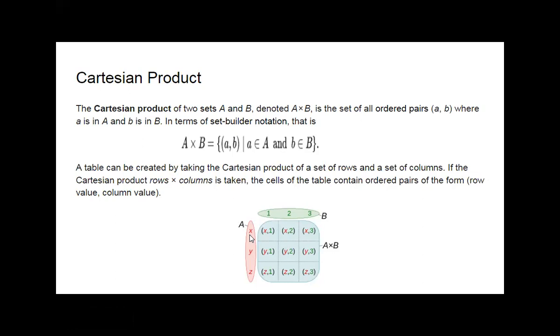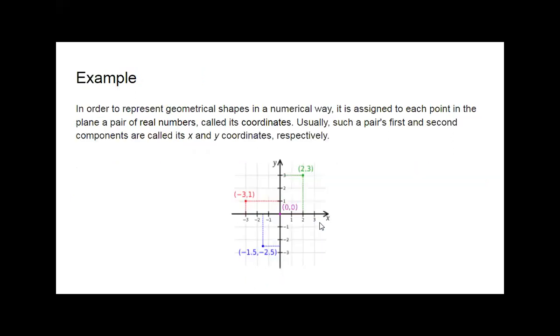The horizontal value, X, is considered first, and 3 is considered later. It is X1, X2, X3. These are the 3 elements there.